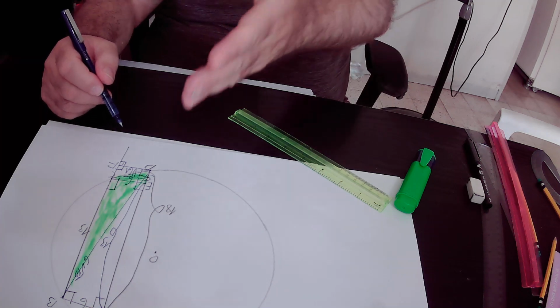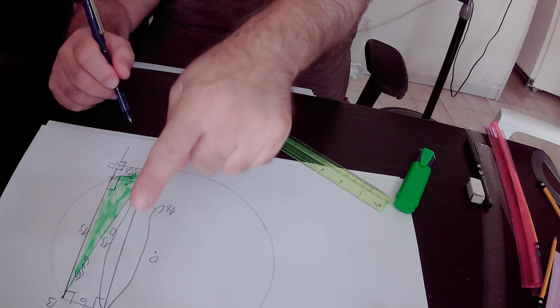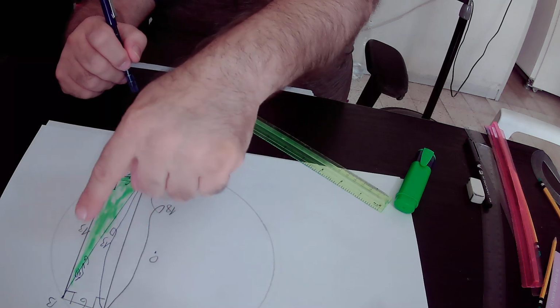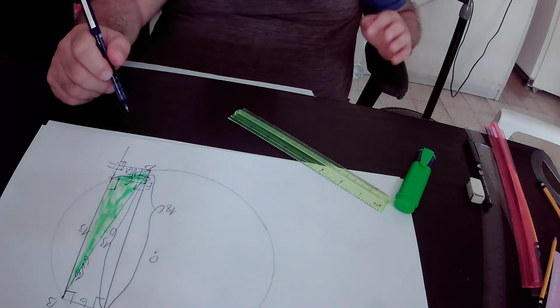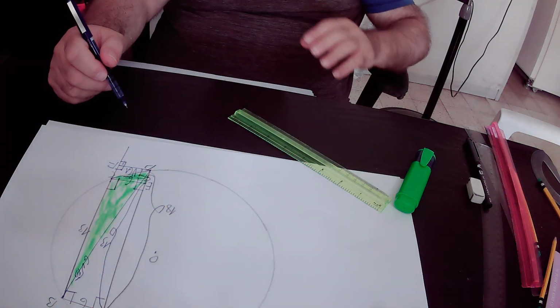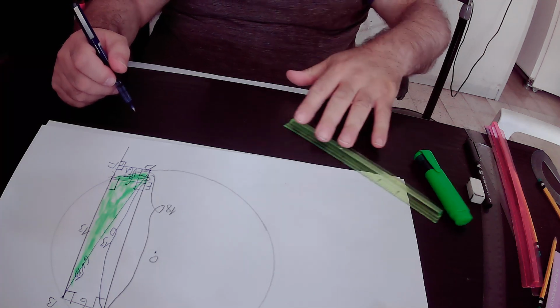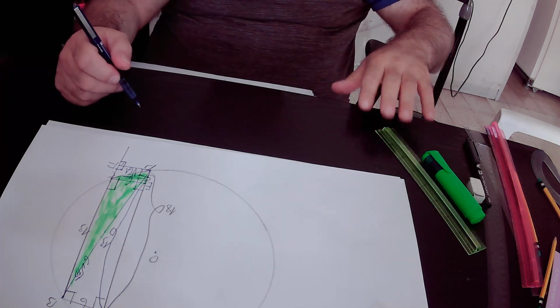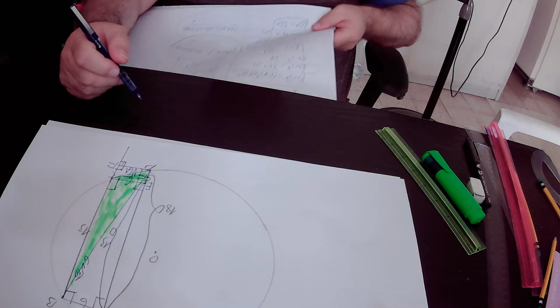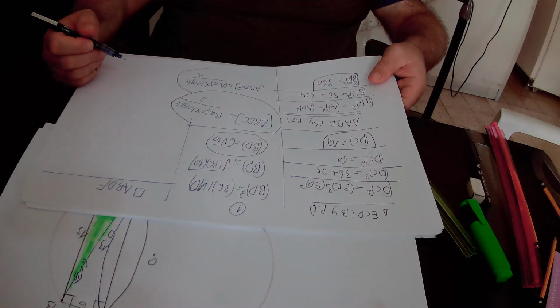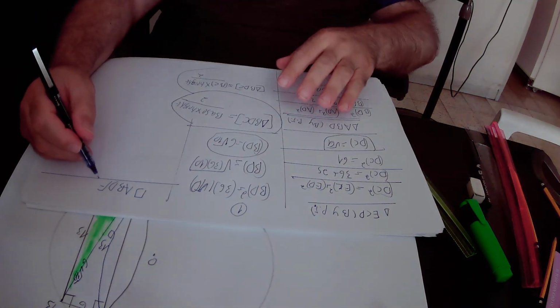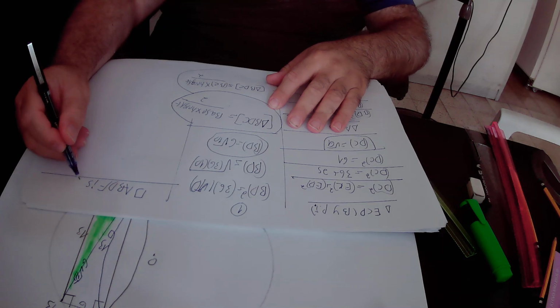So I found out that quadrilateral ABFD, the big quadrilateral, has 4 right angles. Therefore, any quadrilateral that has 4 right angles must be at least a rectangle, if not a square. So we regard quadrilateral ABDF as a rectangle.